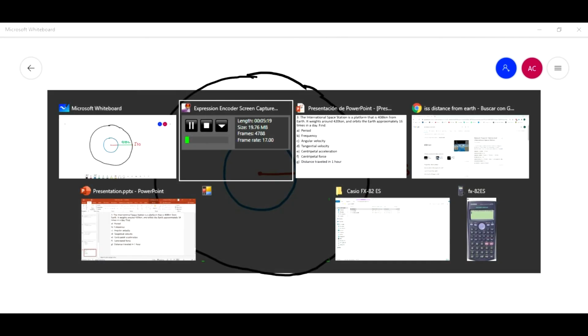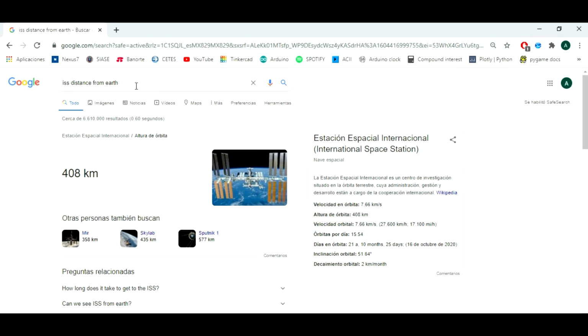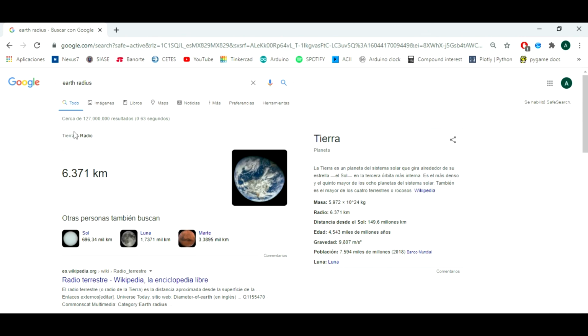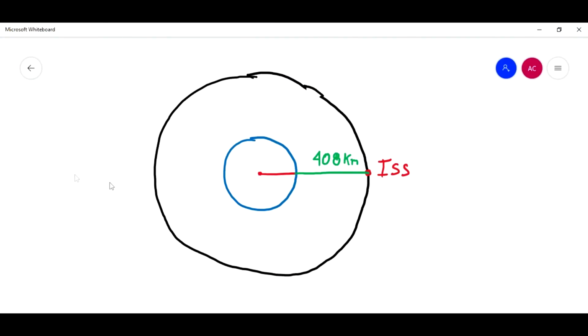So what will be the radius of the Earth? Well, let's look for it. Earth radius. Okay, so it is 6,000, I'm just going to write it over here.